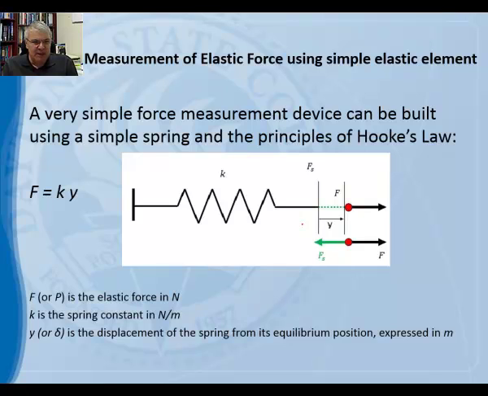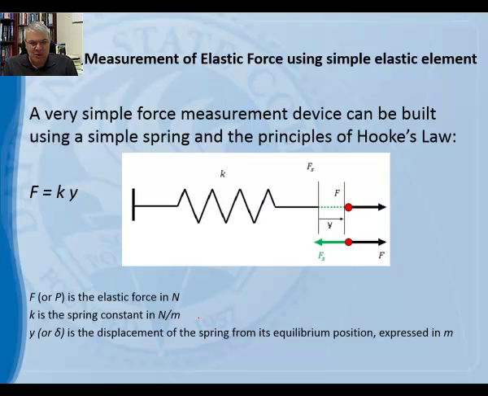It is given in Newtons. We're dealing with the metric system. The K in this case, which is called the spring constant, is given in Newton per meter, following the same definition as I told you. Force per unit displacement, that's the stiffness of the spring, or what we call K.